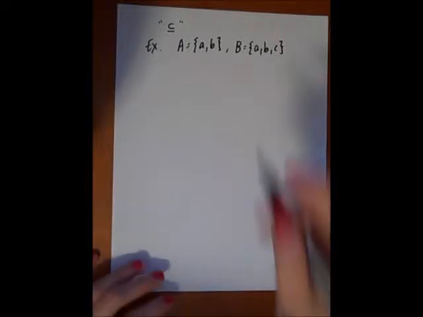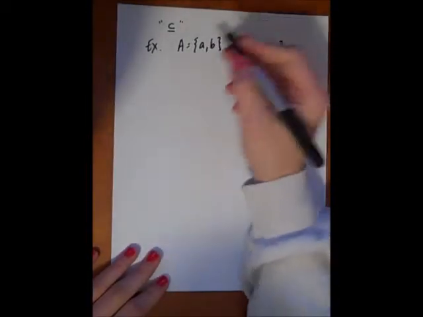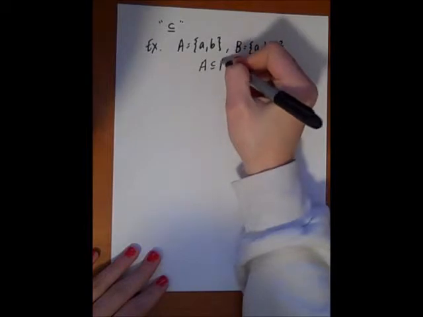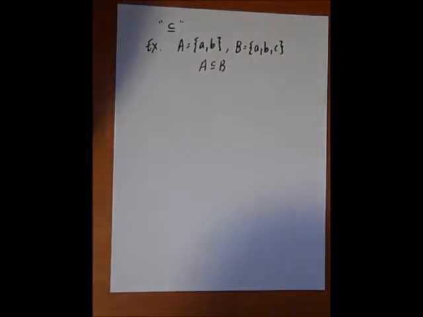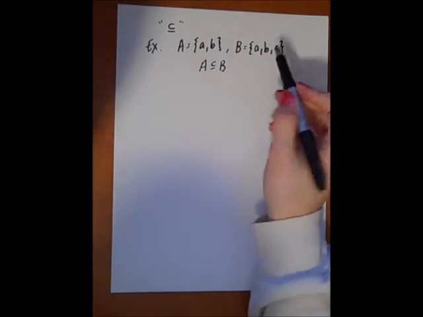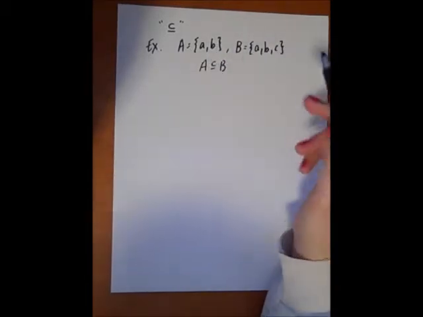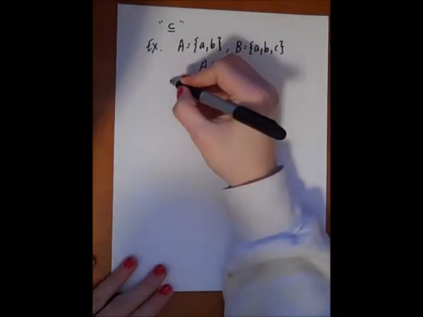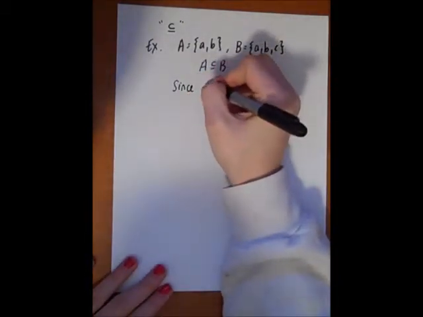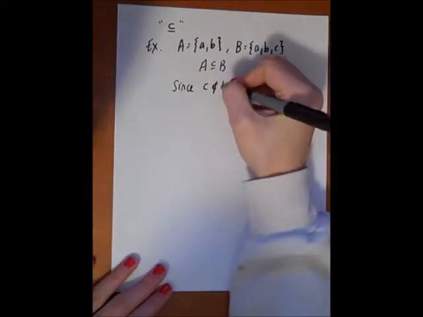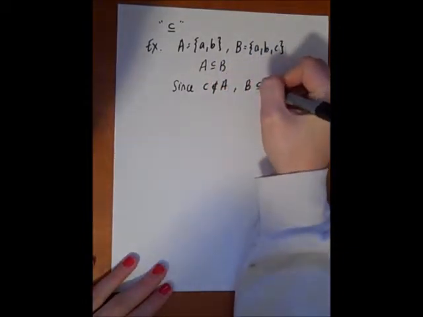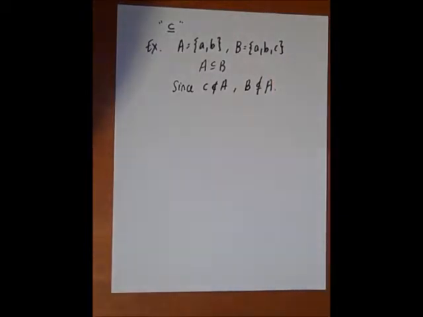Since every element of A is also in B, I say that A is a subset of B. Now B is not a subset of A because every element of B is not in A. c is not in A, so therefore B is not a subset of A. If you want to say that one set is a subset of the other, it just means that each element in the smaller set is also in the larger set.